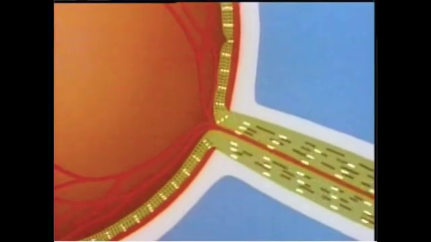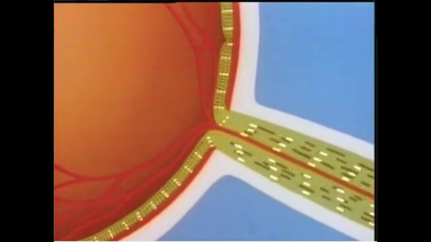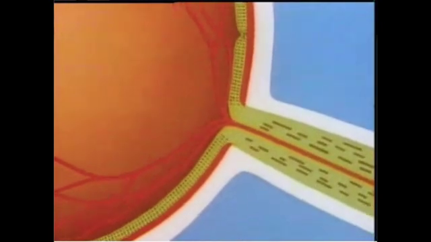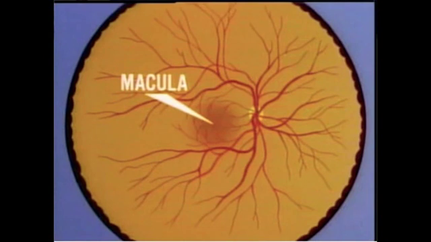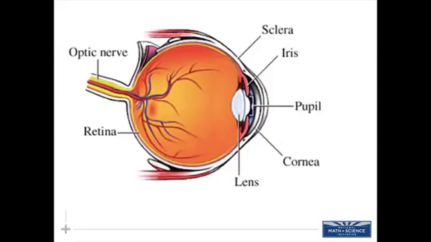These cells send nerve impulses along the optic nerve to the brain. The critical, central portion of the retina is known as the macula lutea. The macula constitutes the region of maximal visual acuity, which is used for activities such as reading, driving, and sewing.